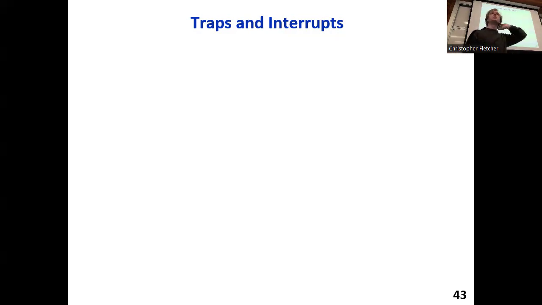So all of these buzzwords that we're going to be learning about later in the class are an attempt to get us back to CPI equals 1, despite the fact that some of our instructions, complex arithmetic and memory operations, take an extremely long period of time. That's what all of the fuss is about.